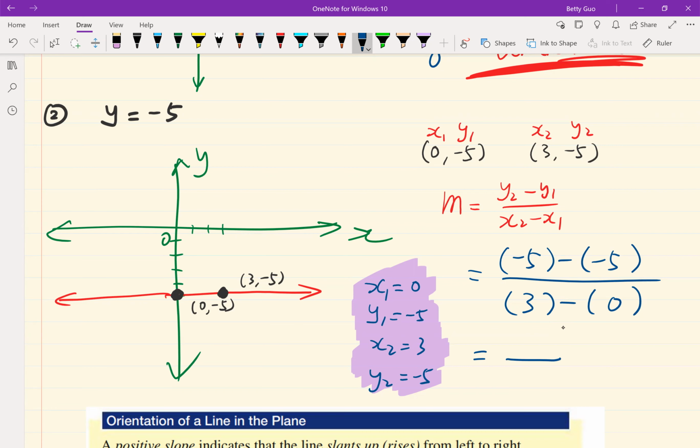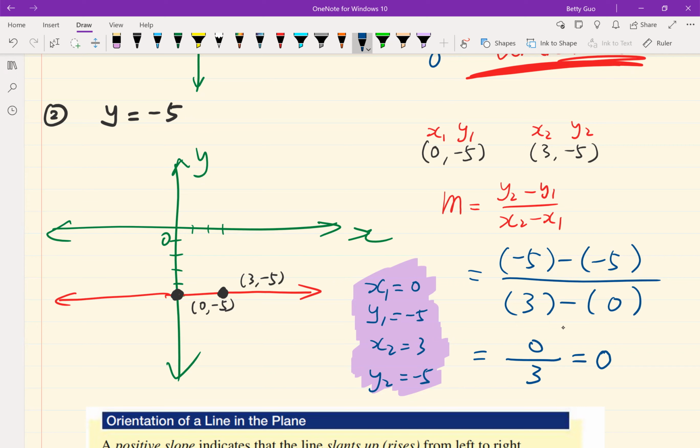A number minus itself is 0. Denominator, 3 minus 0 is 3, right? What is 0 divided by 3? 0. Yeah, 0 divided by any non-zero quantity always equals 0.